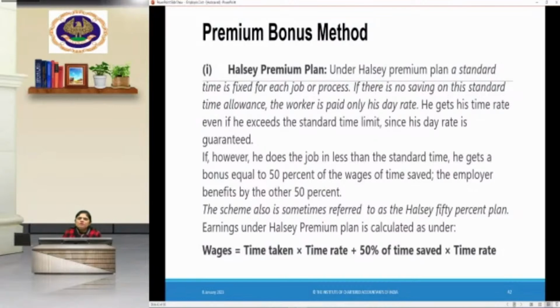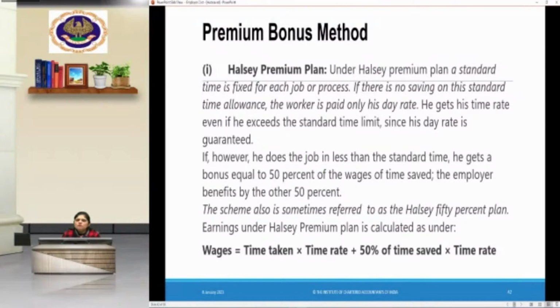So whenever the worker has finished the work before the standard time or the time allowed, if there is a saving in time, that means he is an efficient worker and he should be paid bonus. According to the plan, he will be paid according to the proportion of the time saved.